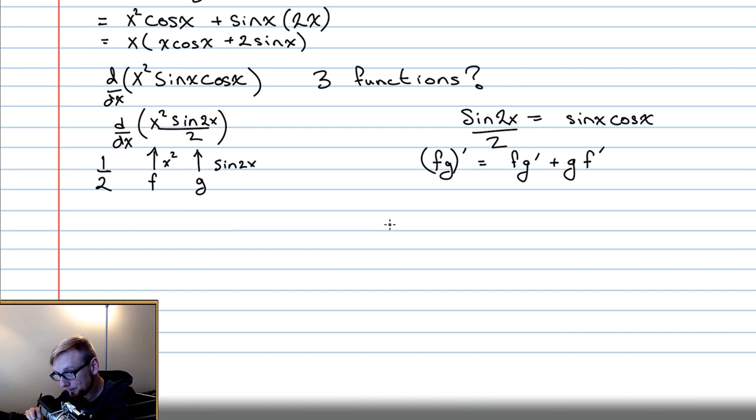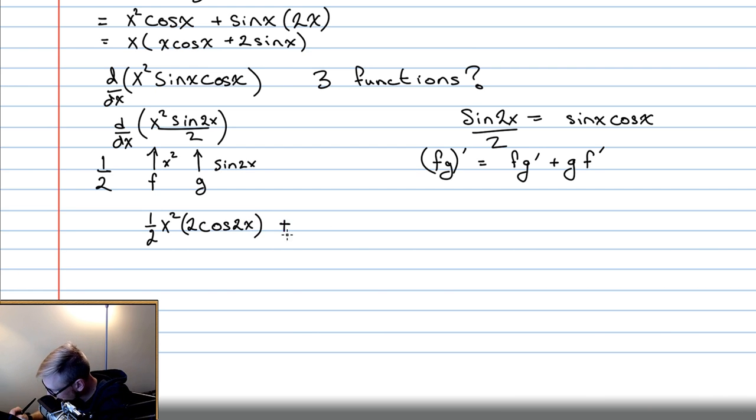Okay, okay. Which means f, which is x squared. We're going to leave the 1/2 there. x squared. And then g prime. Well, the derivative of sine 2x would be 2 cos of 2x.